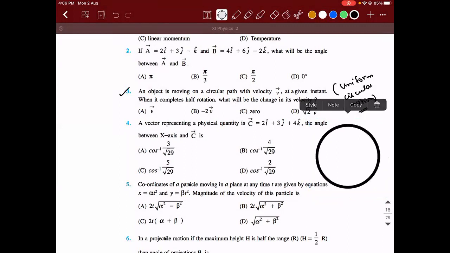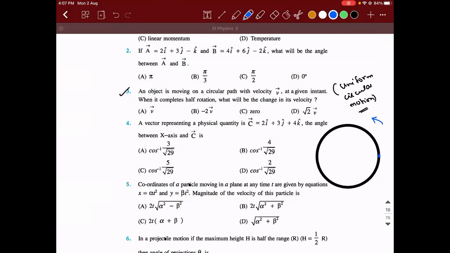Let's visualize it. Anybody who can tell me how to solve this? So with respect to a circle, let's assume that the object is revolving in anti-clockwise direction with an angular velocity omega. Okay, forget about angular velocity also. It revolves in the anti-clockwise direction.